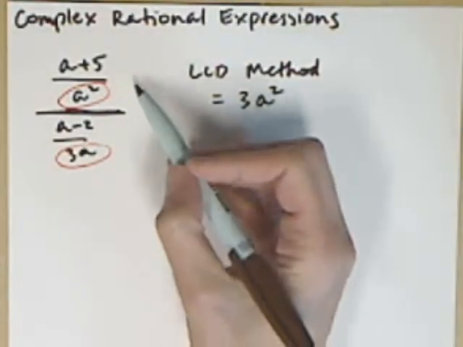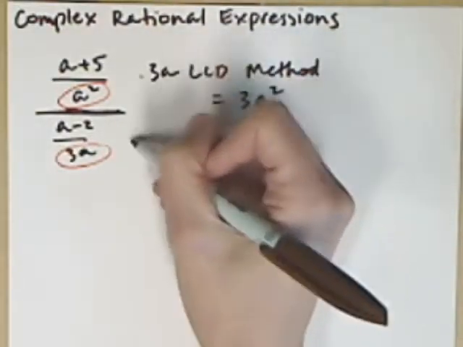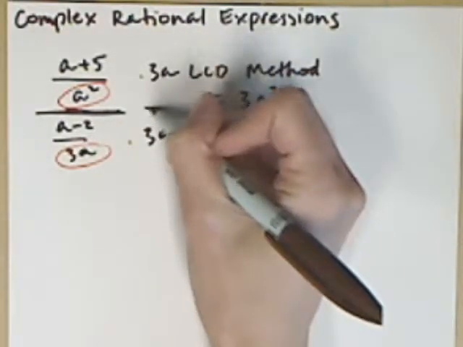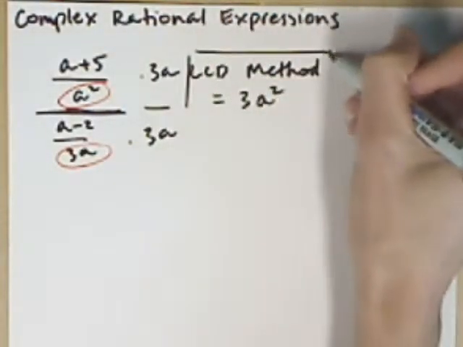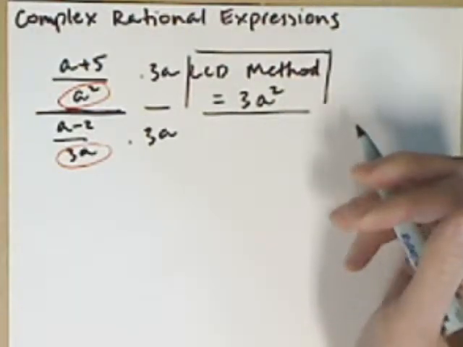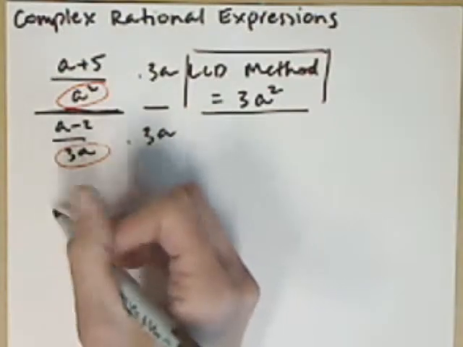We're going to multiply this fraction by a 3a squared in the numerator and a 3a squared in the denominator. Essentially we're multiplying by something over itself, which is 1, but really we're just multiplying top and bottom by the same value to keep our fraction balanced or equivalent.